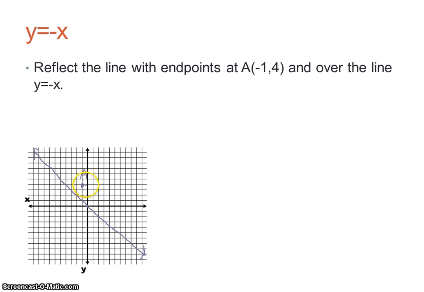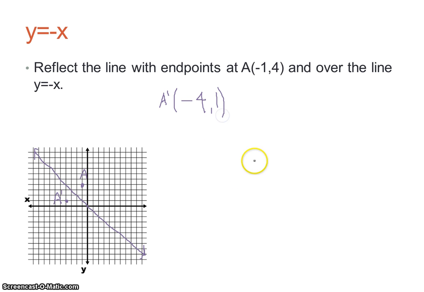To get there, we have to go over 1, down 4. So now we can go over 4, up 1. So our A prime is on that perpendicular line with our pre-image, and they're the same distance from the line that we're reflecting over. So the coordinate of A prime is -4, 1.